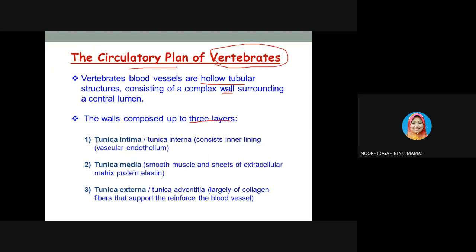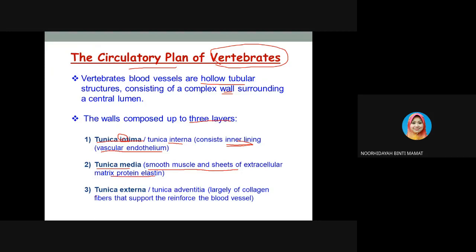The first one is the tunica intima, which we can also call the tunica interna. It consists of the inner lining, or vascular endothelium. The second layer of the wall is the tunica media, which is smooth muscle and a sheet of the extracellular matrix protein elastin.